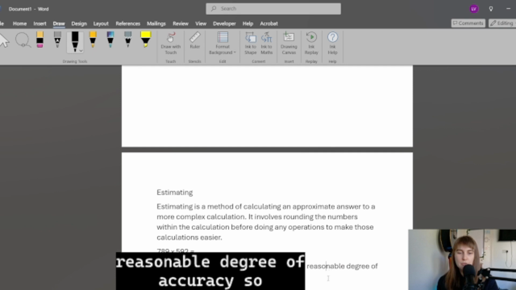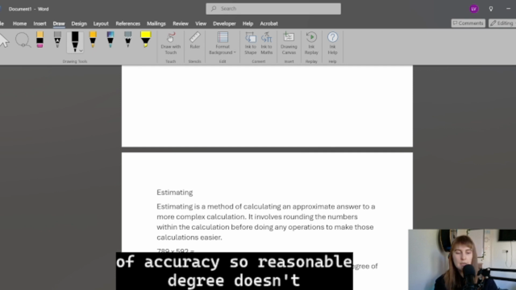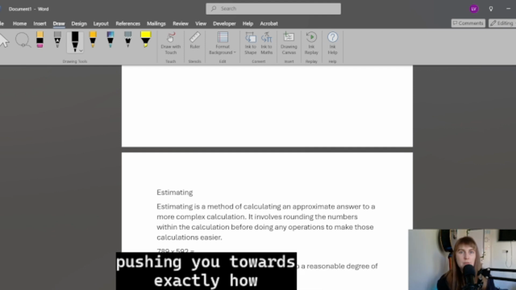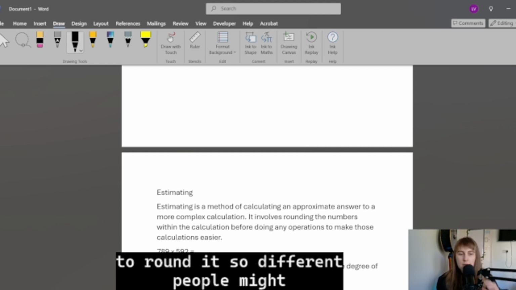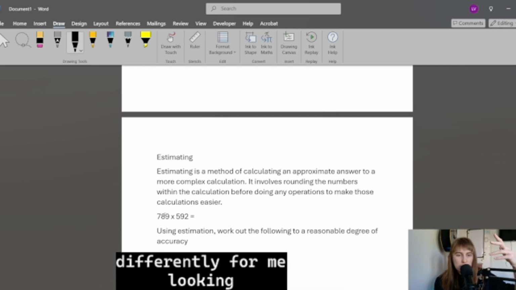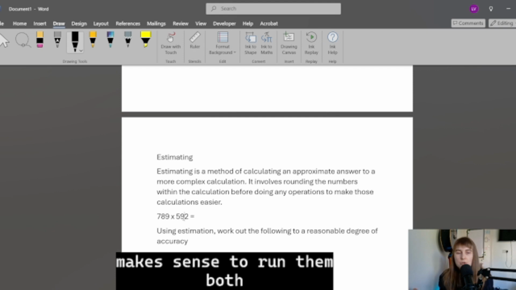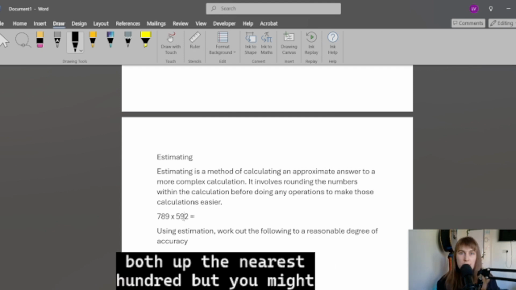So reasonable degree isn't necessarily pushing you towards exactly how they want you to round it. So different people might round these differently. For me, looking at these, because the digits are so large in the tens column, it makes sense to round them both up to the nearest 100, but you might decide to round them to the nearest 10.